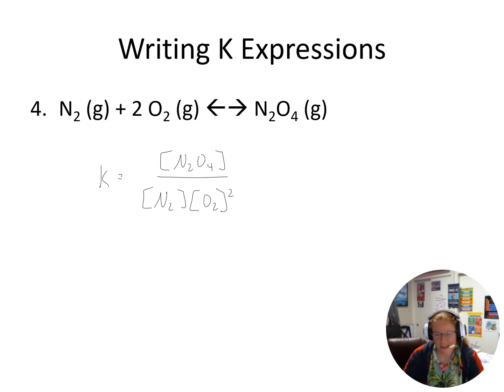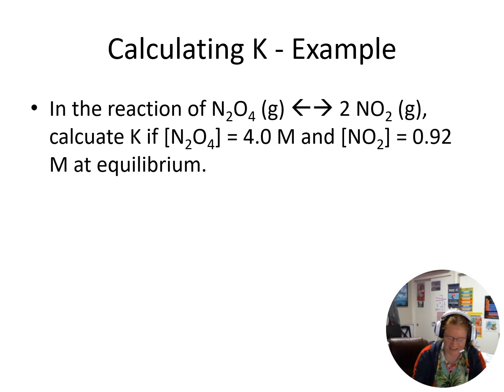Now, it's not enough to just write K expressions. Let's actually use one and see if we can figure some numbers out. So we have this reaction here, dinitrogen tetroxide gives us 2 nitrogen dioxide. So let's calculate K if we have some equilibrium concentrations here. All right, so for our K, we're first going to write the K expression.